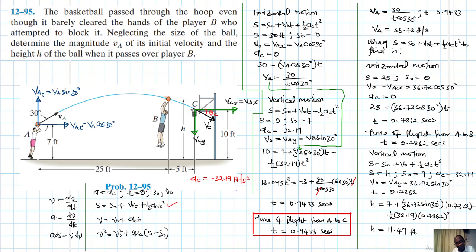We also found VA. And then we also found the time of flight from A to B. Then we found H. Alright, we didn't find the final velocity at C, didn't find the angle, ran out of space. We can do those things later on. Moreover, they were not part and parcel of the problem.